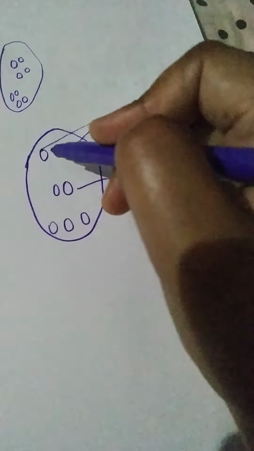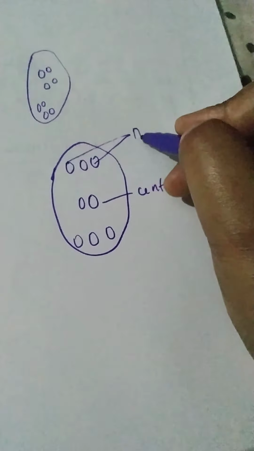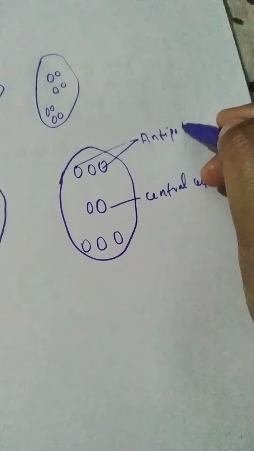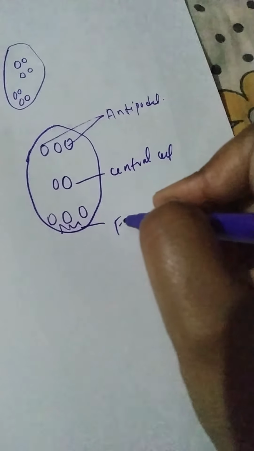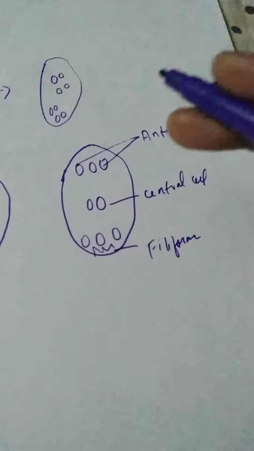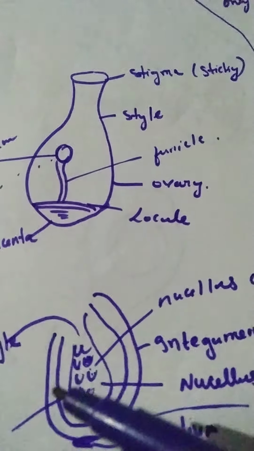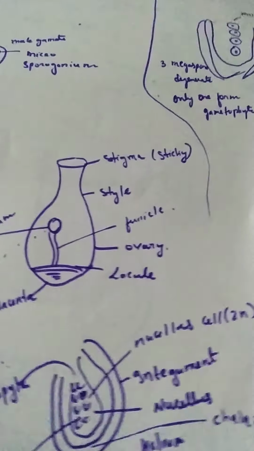They will arrange in such a way that the upper side will be known as antipodal. There will be the filiform apparatus, and if you remember, this is the micropyle side and the chalaza end.